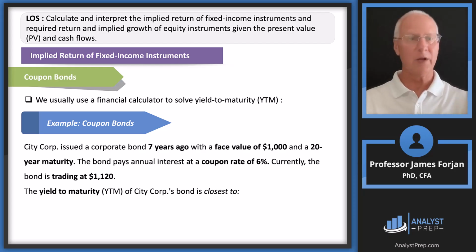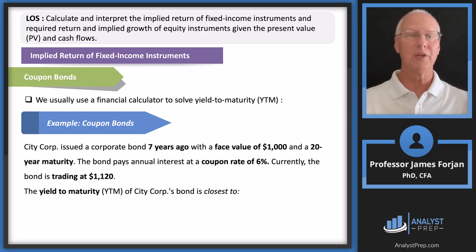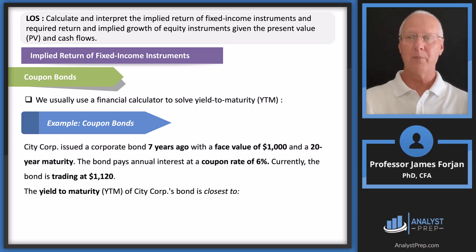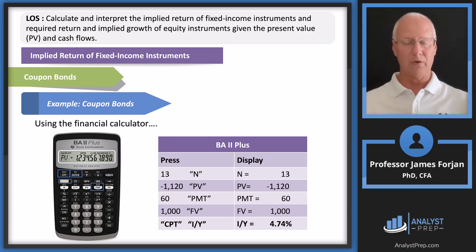And the distinguishing factor that determines whether the bond sells at a premium or a discount is the relationship between the coupon rate and the yield to maturity on the bond. If the yield to maturity is higher than the coupon rate, then the bond will sell at a discount and vice versa. All right, so what could we do? Well, hold on.